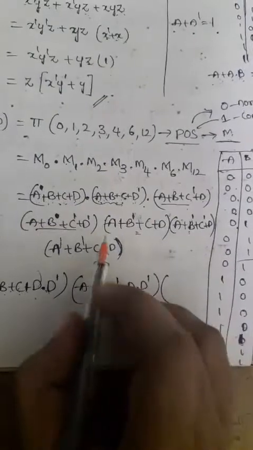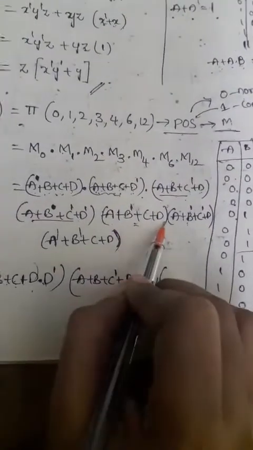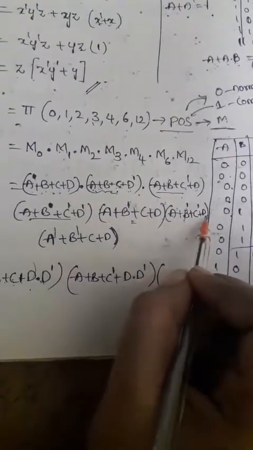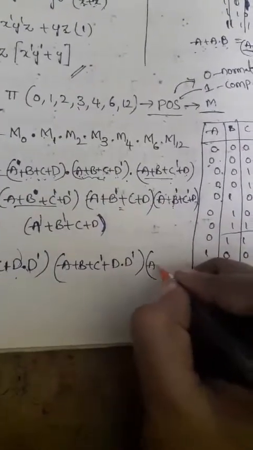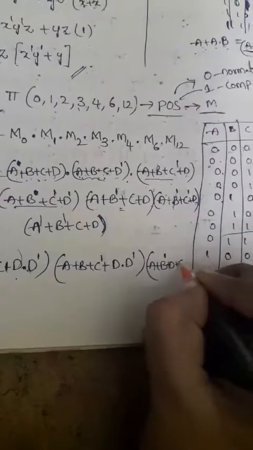Next, coming to these two terms, a plus b complement plus d will be the same, only the variation is c and c complement. So I can write it like this: a plus b complement plus d plus c into c complement. Again you have to check it.